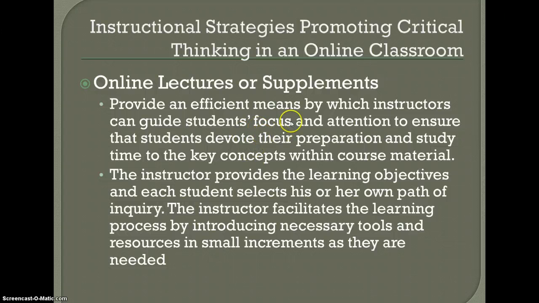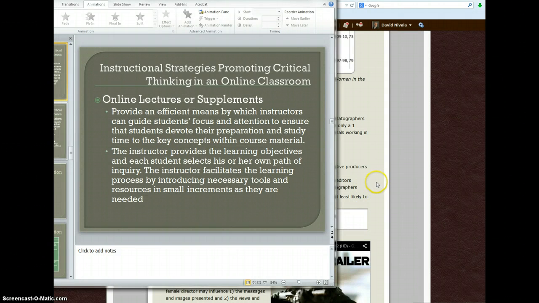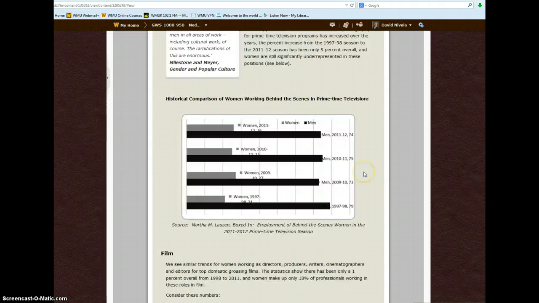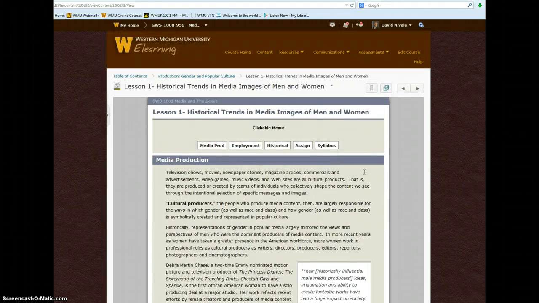Online lectures help students focus their attention, and it also breaks up some of the information into what I call digestible chunks. I have an example of a typical lesson. This is in a GWS, General Women's Studies course.